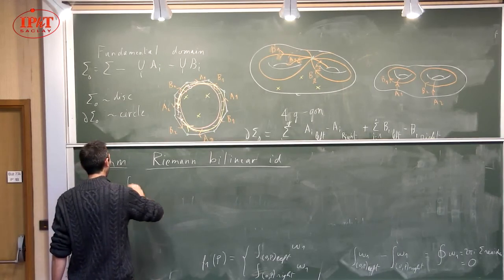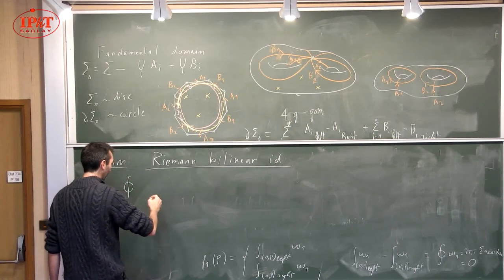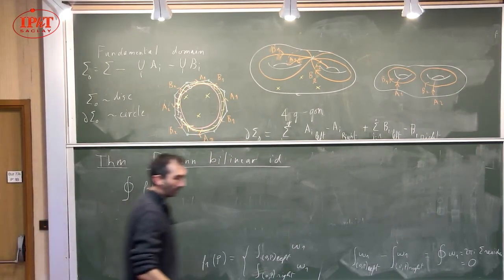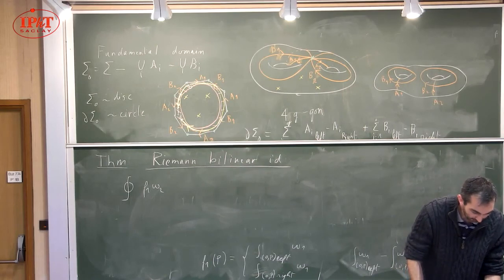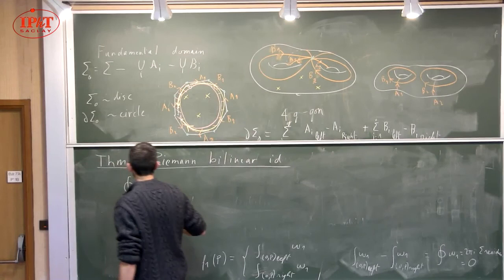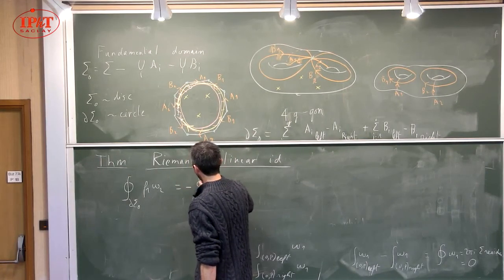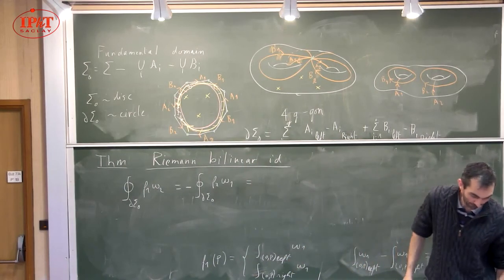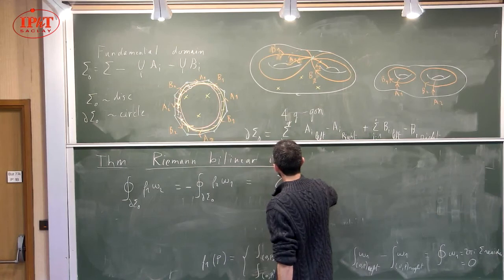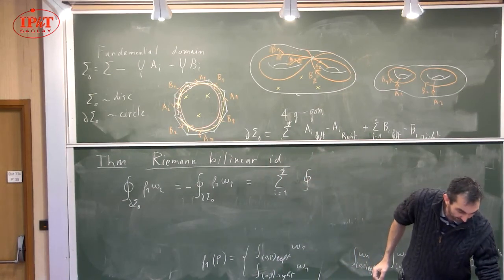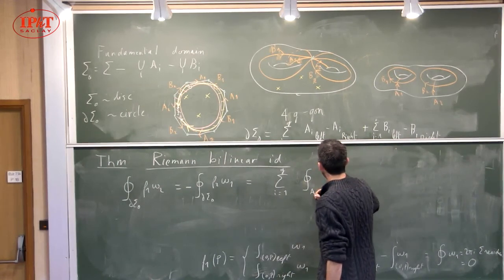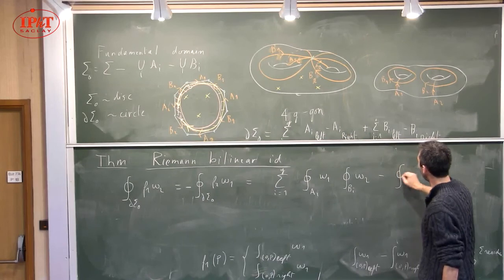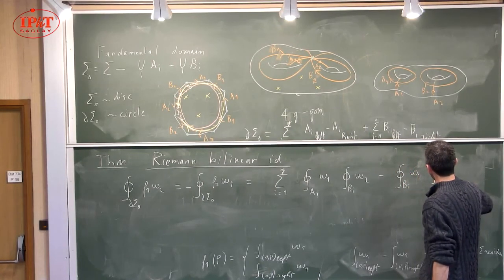And it says that the integral over d sigma 0 of f1 omega 2, which is also, by integrating by parts, the same thing as minus the integral over d sigma 0 of f2 omega 1, is equal to the sum from i equals 1 to g of the integral over a_i of omega 1 times the integral over b_i of omega 2, minus the integral over b_i of omega 1 times the integral over a_i of omega 2.